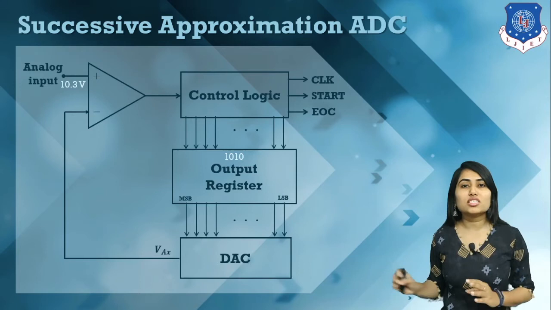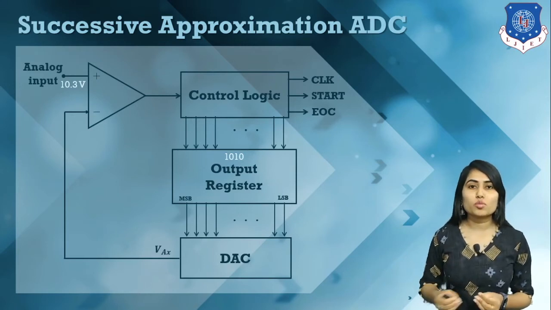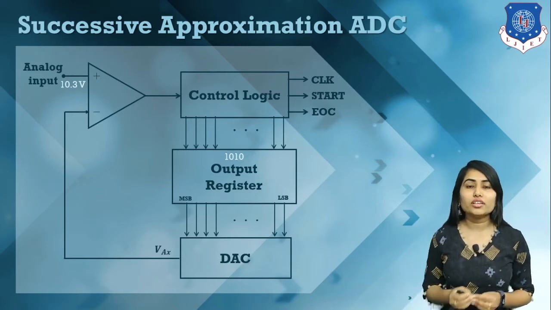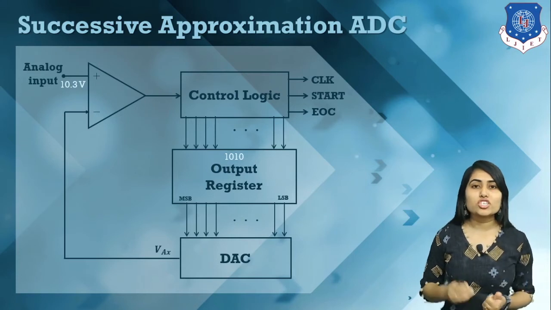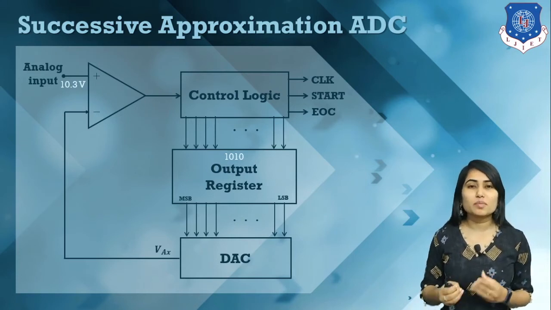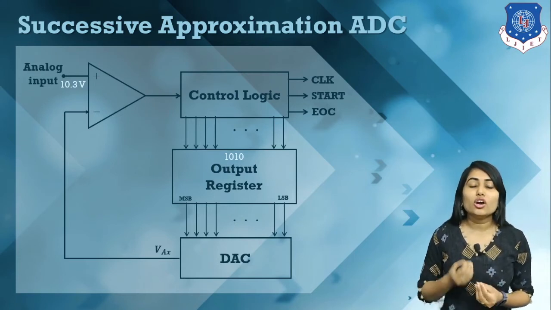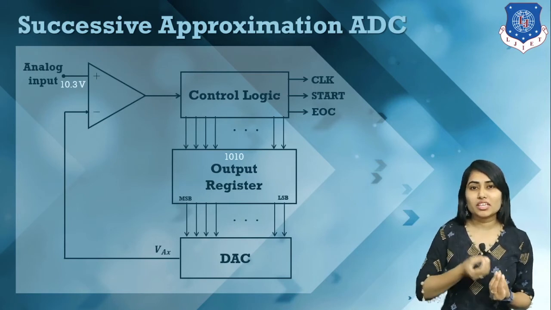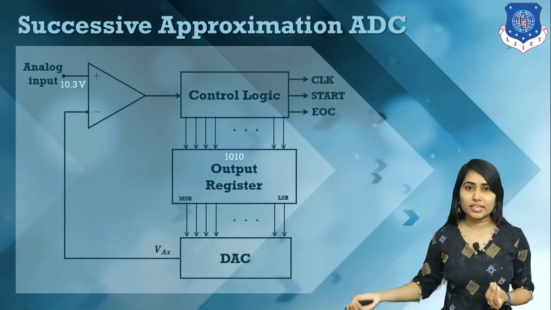This is how the successive approximation analog to digital converter converts analog information into digital information, by approximately calculating values, making 1 bit enabled at a time.